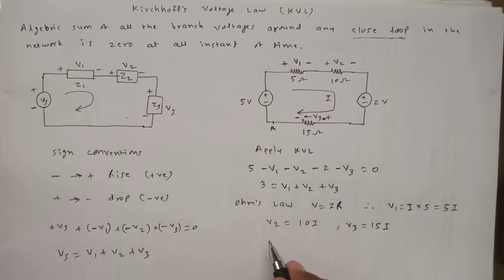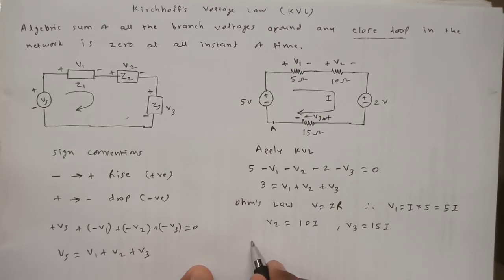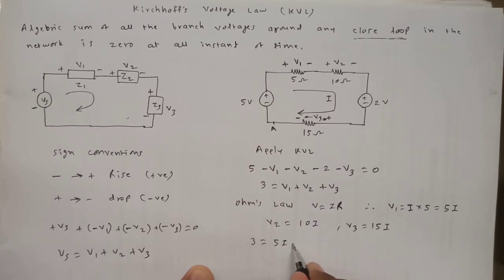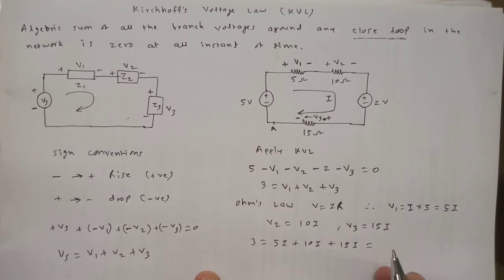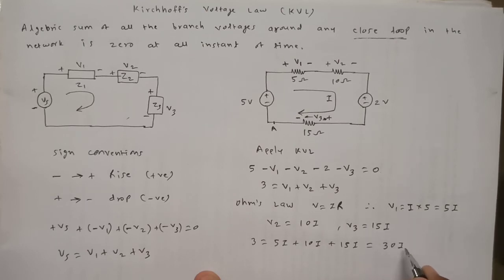If I put all these values, I will be getting the equation 3 is equal to 5I plus 10I plus 15I. Taking this further, this becomes equal to 30I, right?